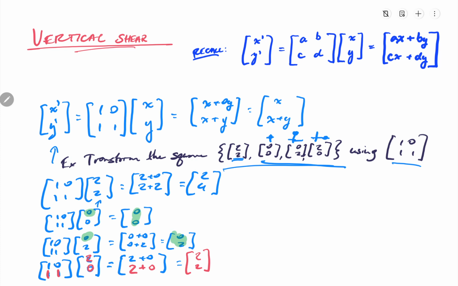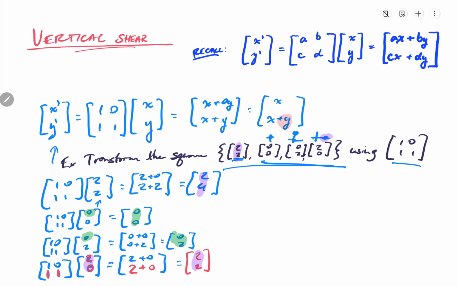But if a point was not on the y-axis and y was not 0, the change in y would not be 0, obviously. I messed it up in the end, but as we can see, this point is not on the y-axis. That means it got sheared upwards. And then this point is obviously not on either axis, and it also got sheared upwards.